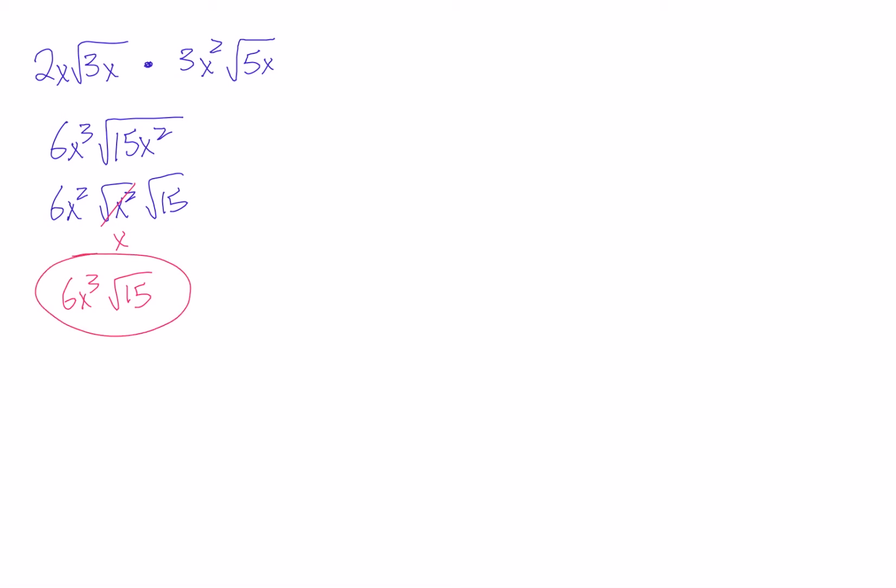Okay, so it works the same no matter whether there's x's or regular numbers and so on. One other example to be aware of is what happens if there's numbers missing. So if I have 2 root 5 times root 8, we have a number in front of the first root, but the root 8 is missing a number. So remember, with any case like that, always just think of it as being a 1 if there's nothing there.